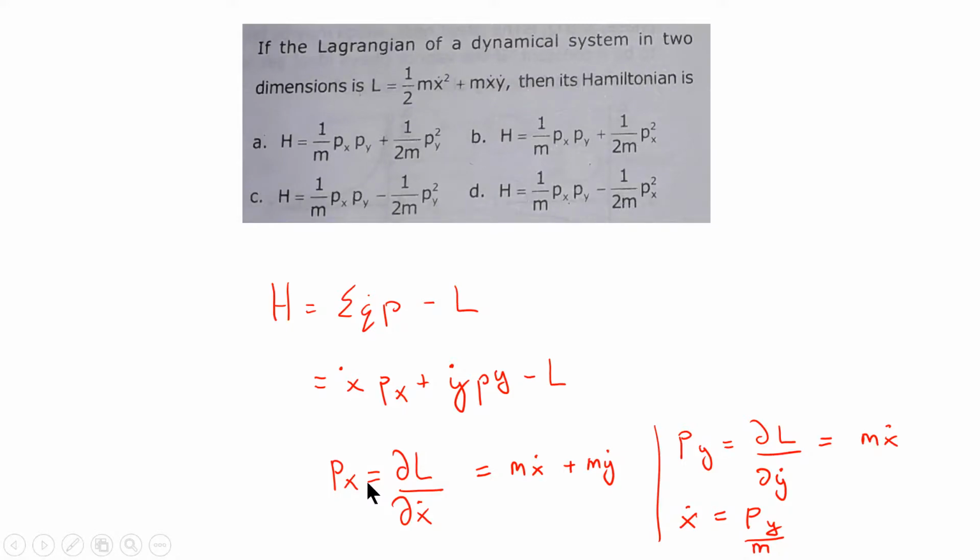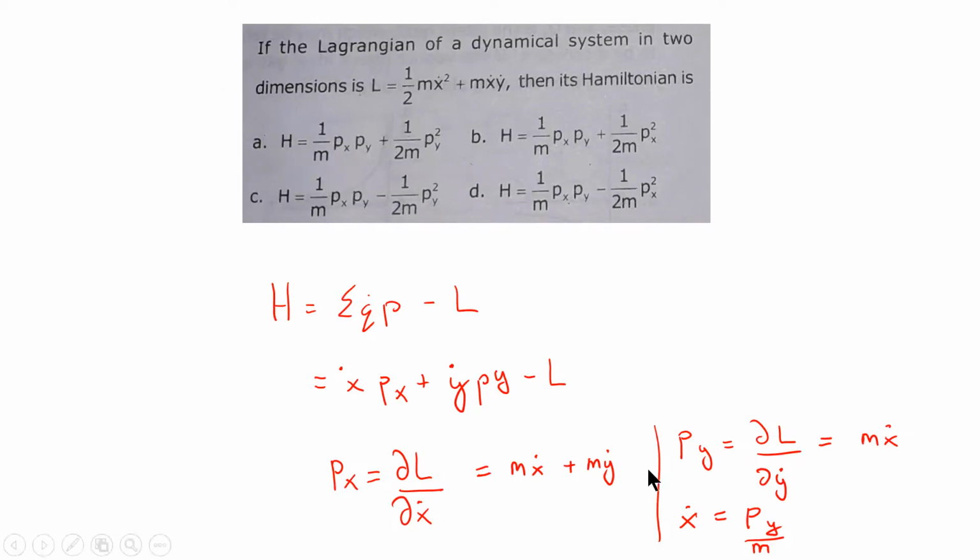Okay, we want y dot in terms of px and py. So the point is that in this equation we are going to substitute x dot and y dot in terms of px and py. So you can find from these two equations that y dot is px minus py divided by m.